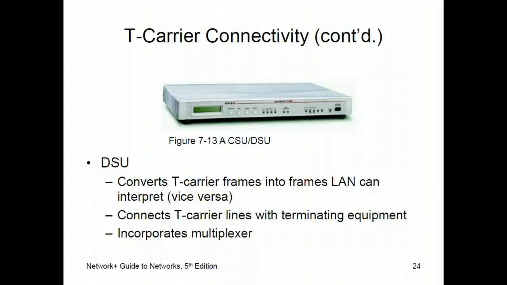Here's a DSU, CSU connection terminal that does have a little LCD screen on the left side that can tell such things as IP address, uptime, collisions, things like that. And on the front, the ports here, for the most part, are all going to be fiber connections.